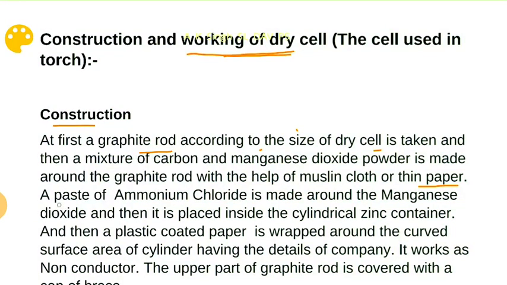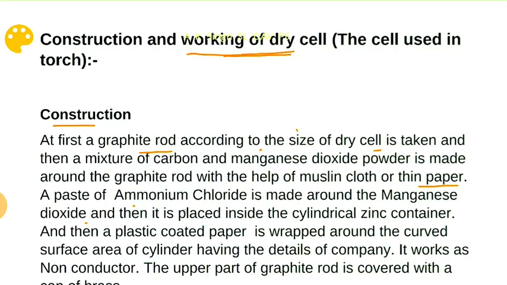Now, a paste of ammonium chloride. Ammonium chloride is an electrolyte. Ammonium chloride is an acidic salt that you have read. A paste of ammonium chloride is made around the manganese dioxide, meaning the muslin cloth. So at first the rod is surrounded by manganese dioxide and carbon, and then it is surrounded by a paste of ammonium chloride, and there is a cylindrical container of zinc.